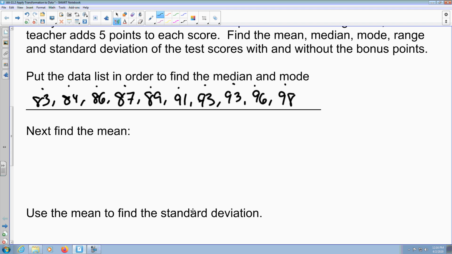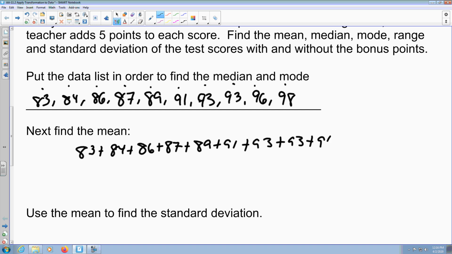Next, we're going to find the mean. We're going to add all these up. So we've got 83 plus 84 plus 86 plus 87 plus 89 plus 91 plus 93 plus 93 plus 96 plus 98, and that is all divided by 10.